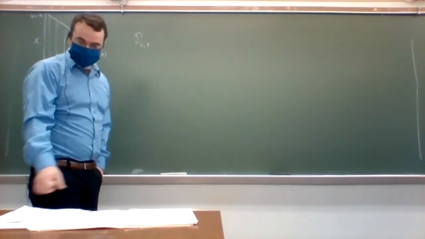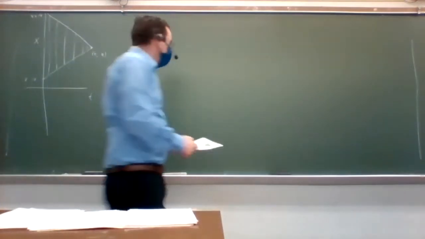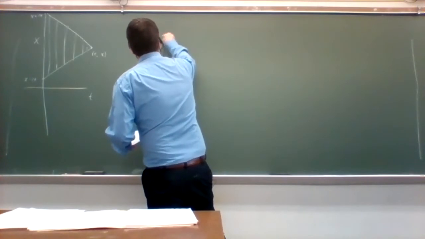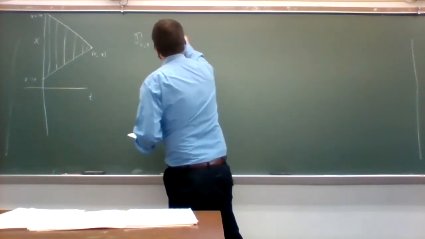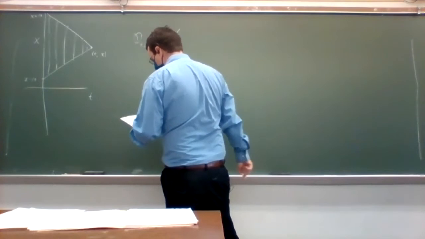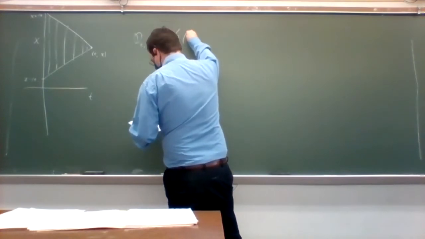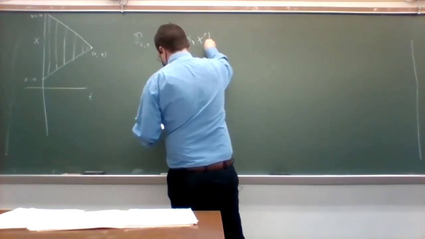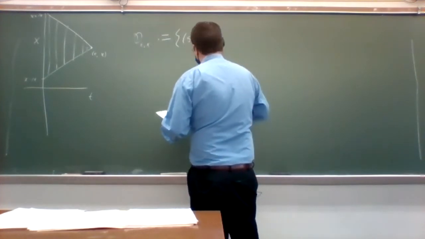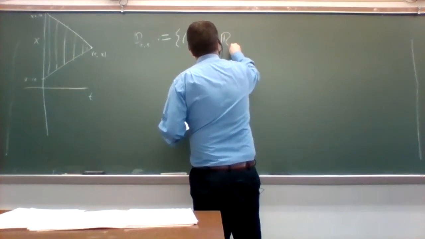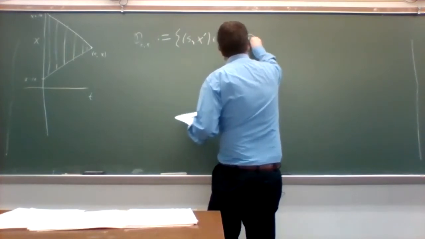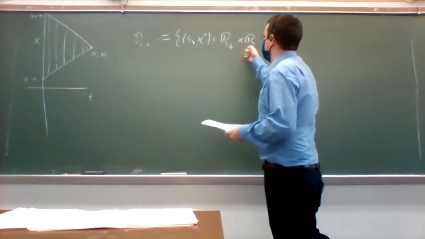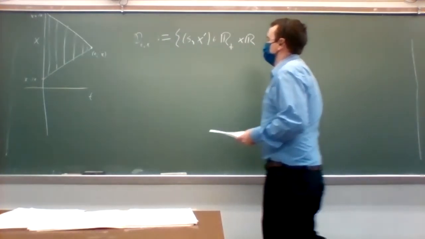For your first class exercise, sure, it's written in the book, but let's make it a class exercise because maybe you're not looking at the book right now. I want to write down a formula for the domain of dependence. It's going to be all points s, x prime inside R plus times R, so all coordinate pairs where the time direction is positive and space could be anything.